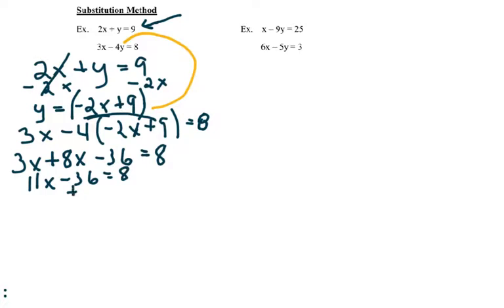Now I can add 36 to both sides. And I'm going to end up with 11x equal to 44. Divide by 11, and find out that x equals 4.